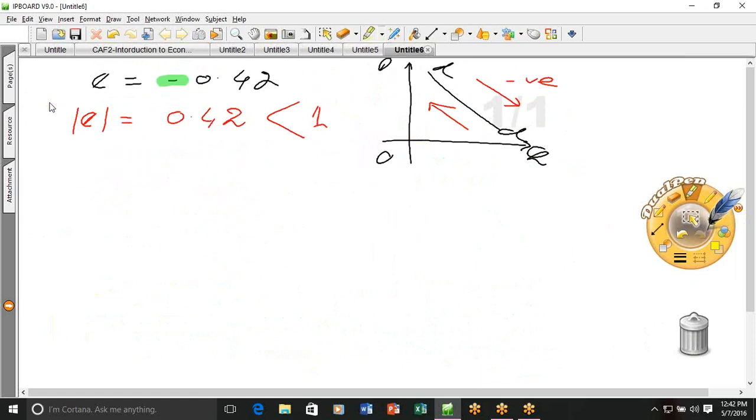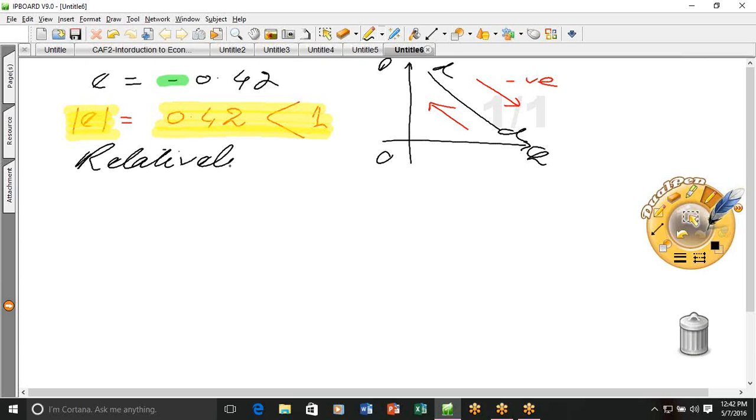So that means it is what? As less than 1 absolute value. So this is known as relatively inelastic.